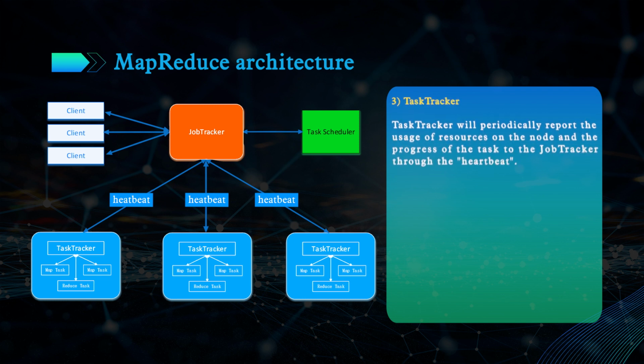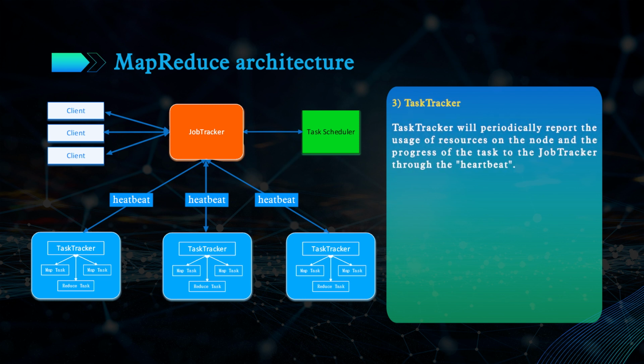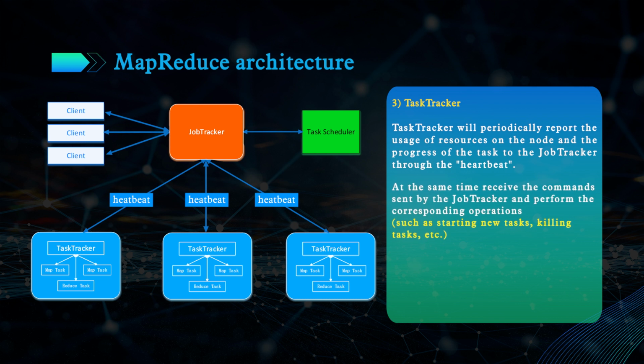The third one, task tracker. Task tracker will periodically report the usage of the resources on the node and the progress of the task to the job tracker through the heartbeat, and at the same time receive the commands sent by the job tracker and perform the corresponding operations, such as starting new tasks, killing tasks, etc. Task tracker uses slots to divide the amount of resources, CPU, memory, etc. on this node.